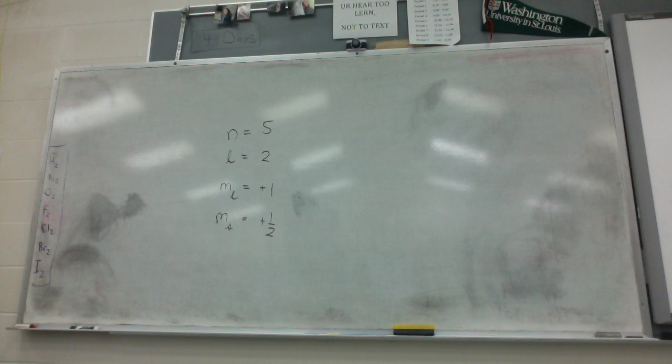Good enough. But here's how you figure it out. At n equals 5, what are my possible values for L? 0, 1, 2, 3, 4. Of those, which can have an m sub L of plus 1?